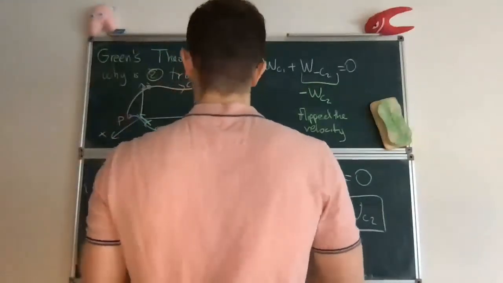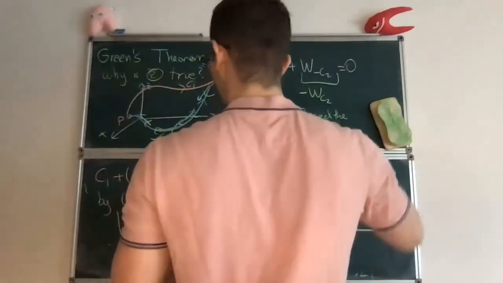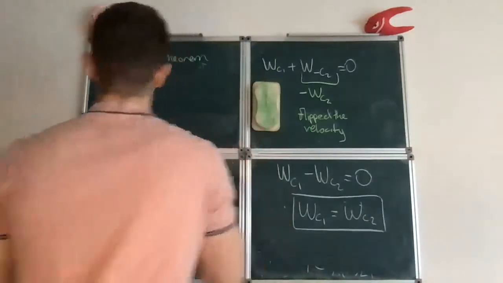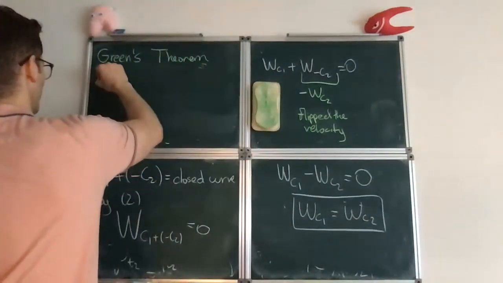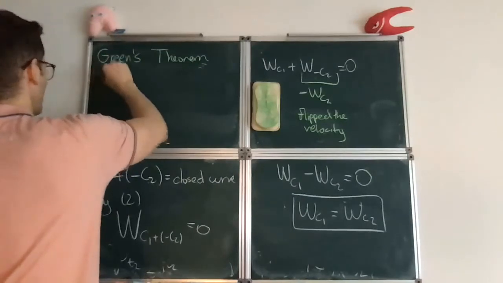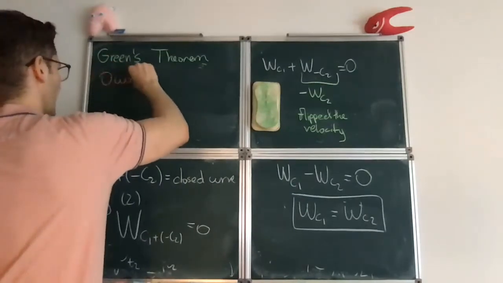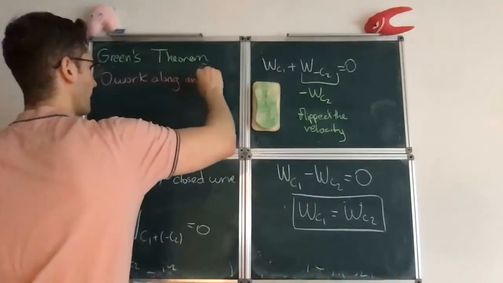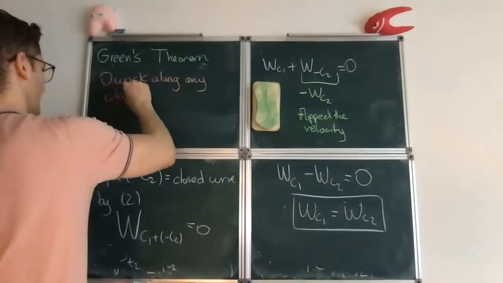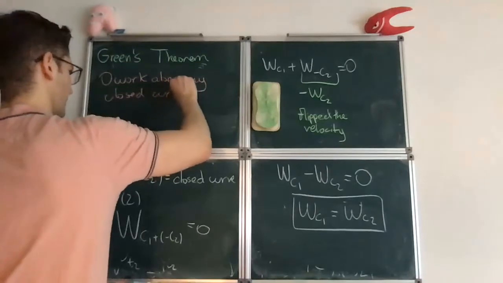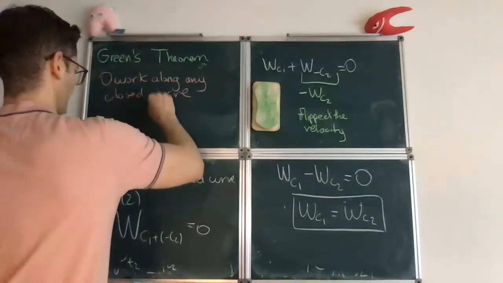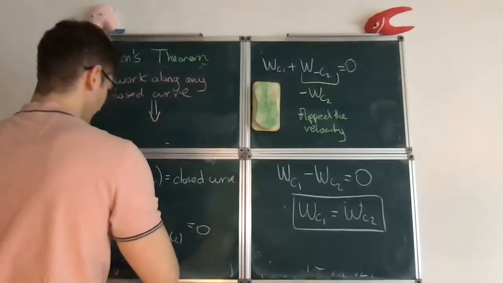So, conversely, let me just write it here. Zero work along any closed curve implies that f is conservative.